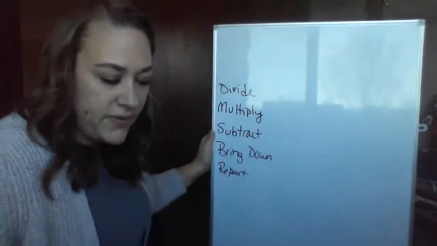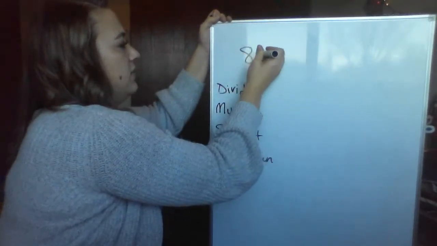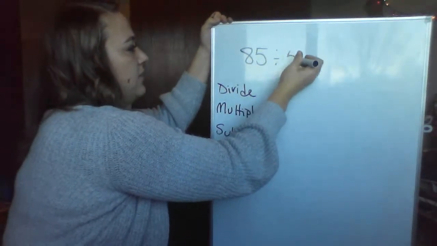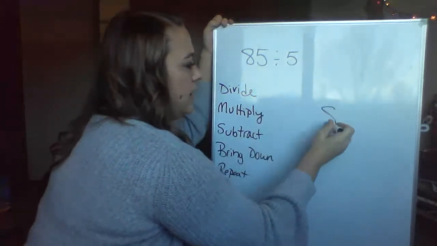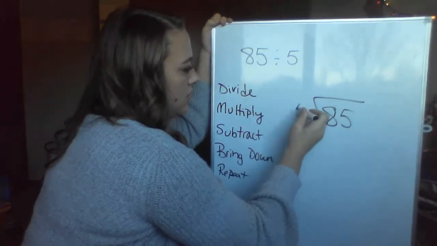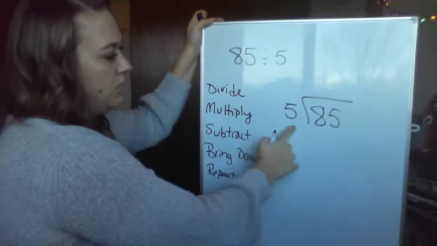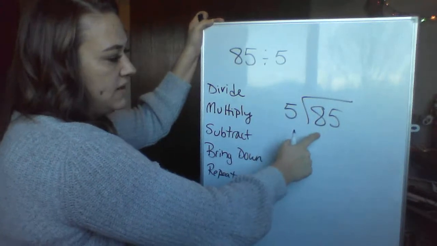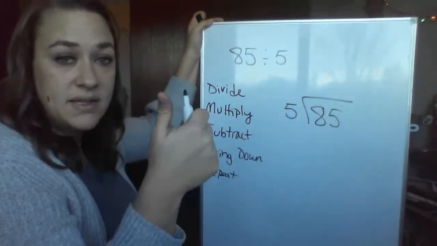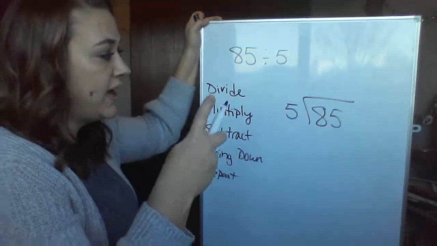All right, let's do 85 divided by 5. Set it up in my standard algorithm. First we divide. How many groups of 5 can I make if I have 8? 5, 10. 10's too many, so I'm only going to be able to make one group of 5.